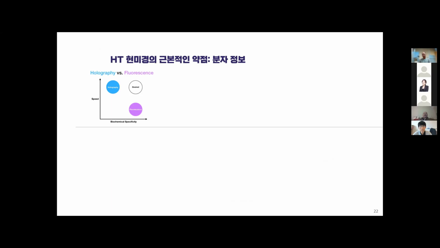Even though QPI can provide high-resolution refractive index distribution tomogram images from which you can tell the overall cellular structures, if you probe one point inside of the cell, the refractive index value may be like 1.37, something like that.